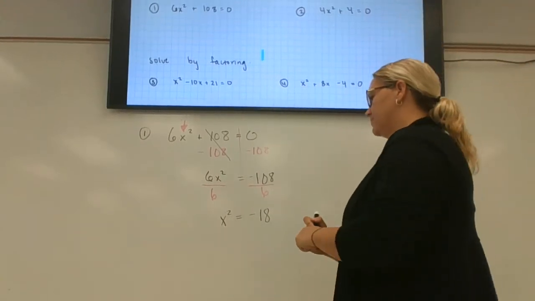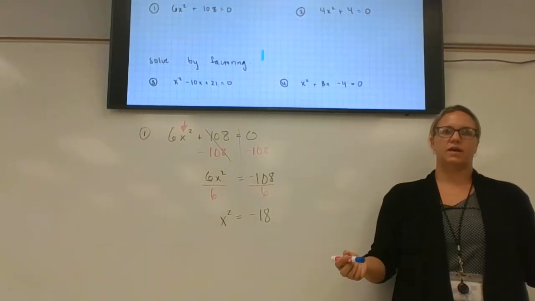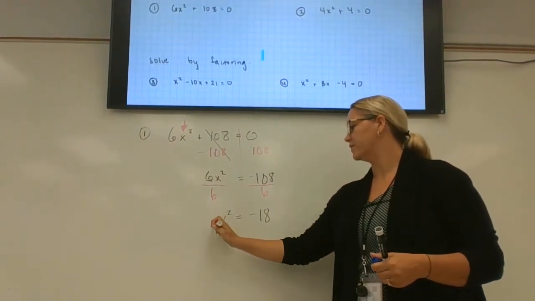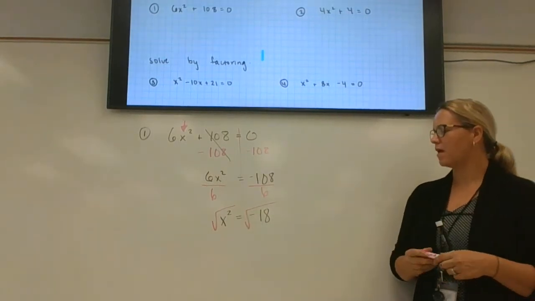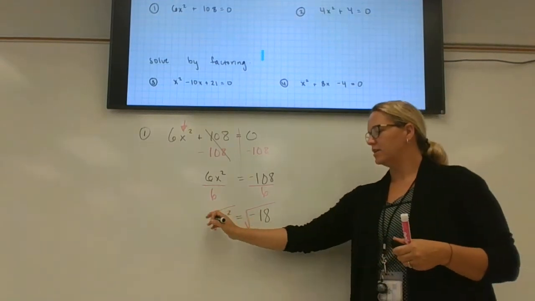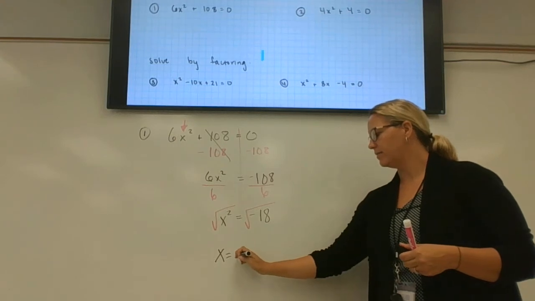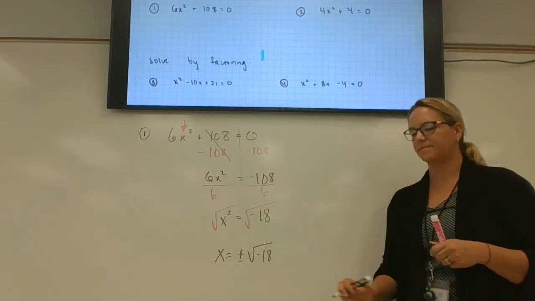And now trying to get x alone, again, it has a power of 2. To cancel out an exponent of 2, use square root. The opposite of squaring is square rooting. Square root both sides. The square root of x squared is x. And here I'm going to write plus or minus the square root of negative 18.